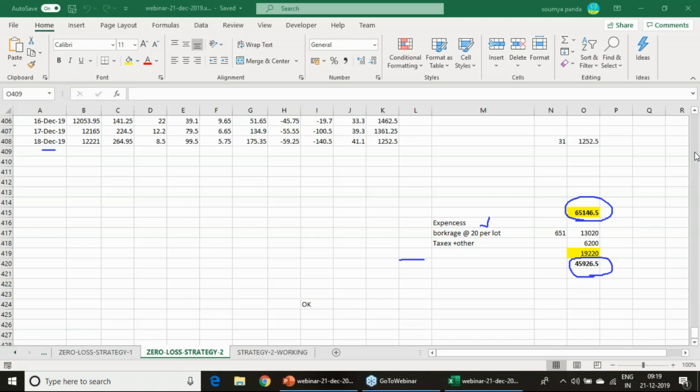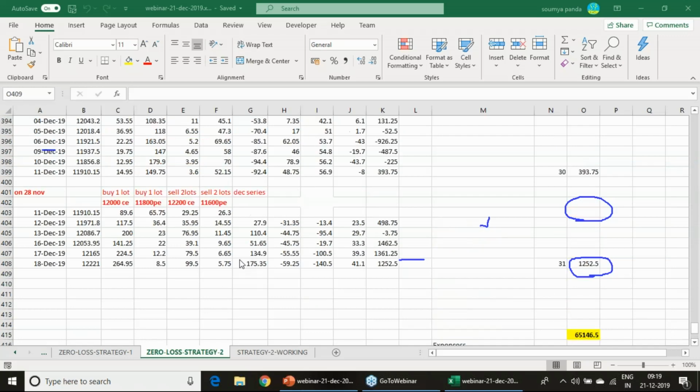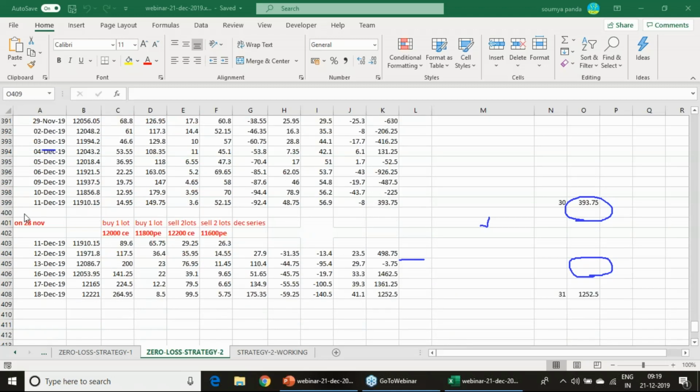So let's go back to those explanations. The last implementation was generated on the 11th of December. On the 11th of December we are implementing this particular strategy, and we have chosen to buy this call option and put option, and sell this call option and put option.